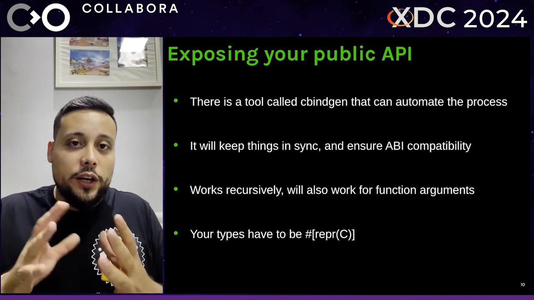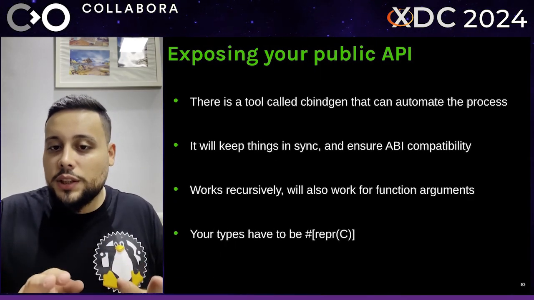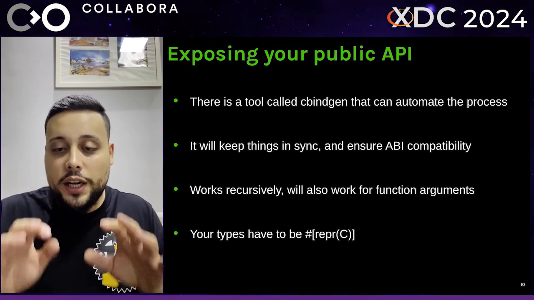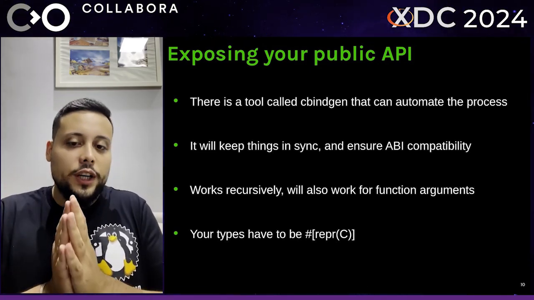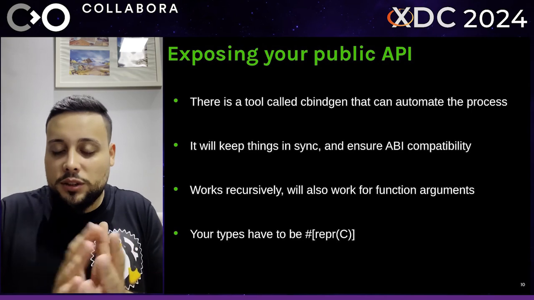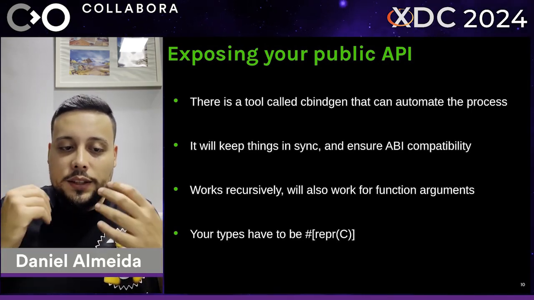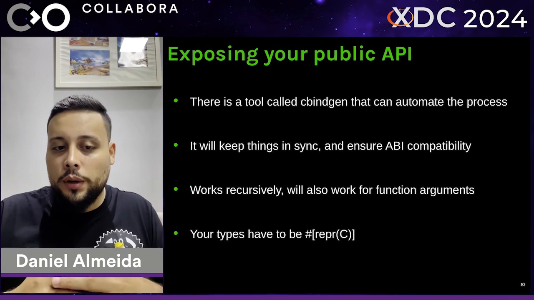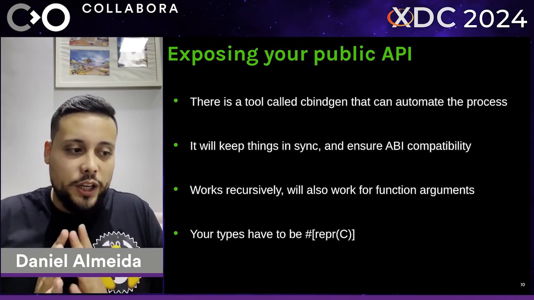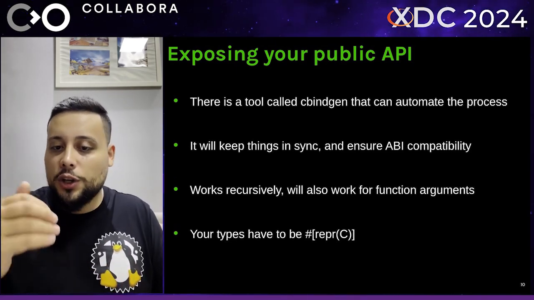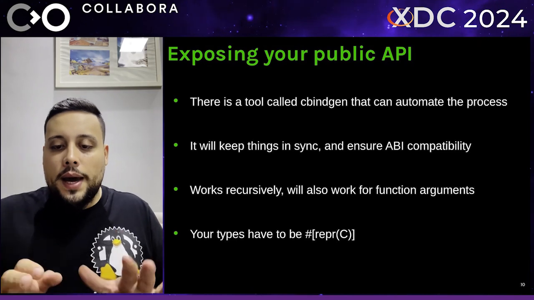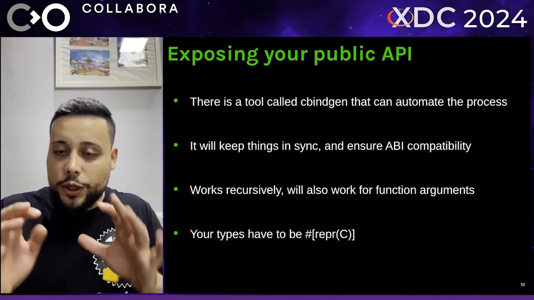And the good thing is that there's a tool called cbindgen that can automate this process for us. It can automate the process of generating a header file that we can then just include in our C code. And as it's a computer tool, every time you run it, it will make sure that things are in sync and ensure API compatibility. And it works recursively.